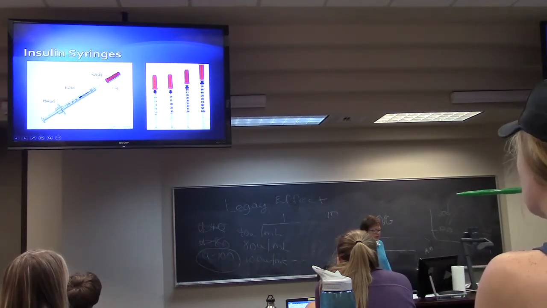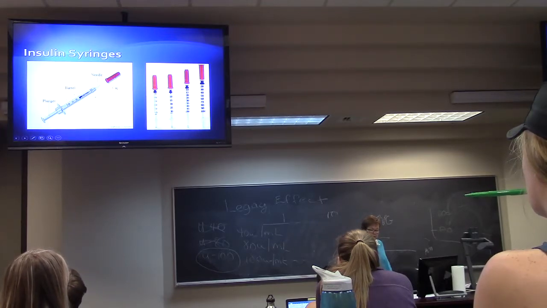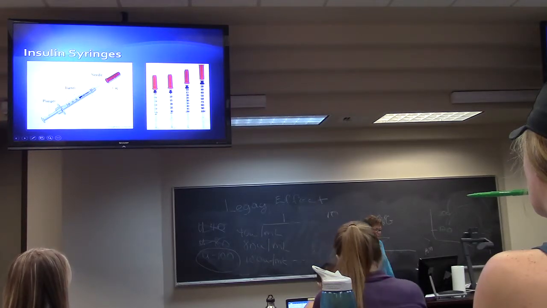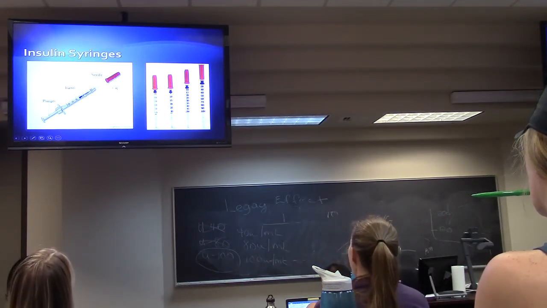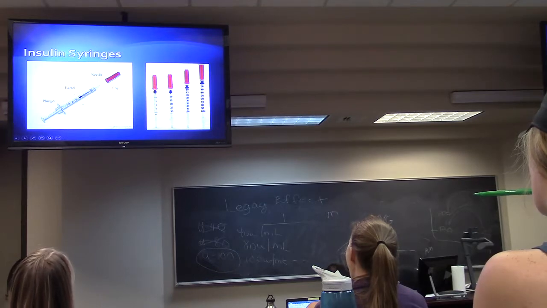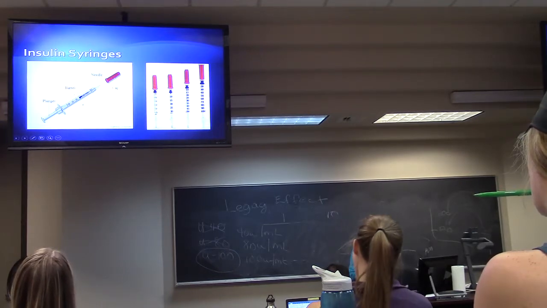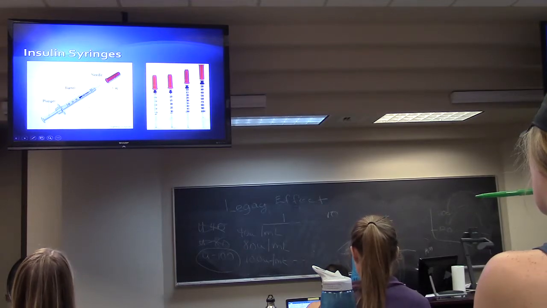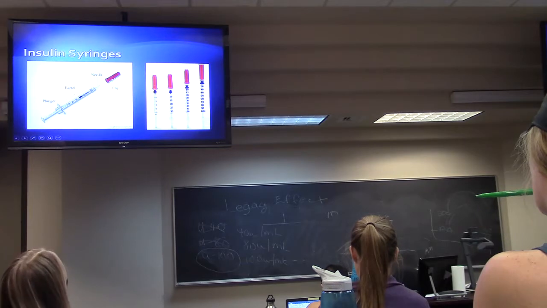You can see the barrel is where the units are listed. For the smaller ones, usually one mark is 1 unit, except they do make some for children that are marked off in half units. For adults, we don't usually use that. So the needle's already attached, this is the plunger and the cap.